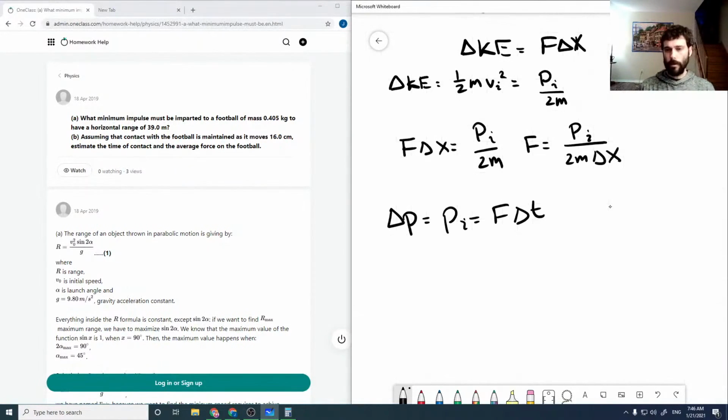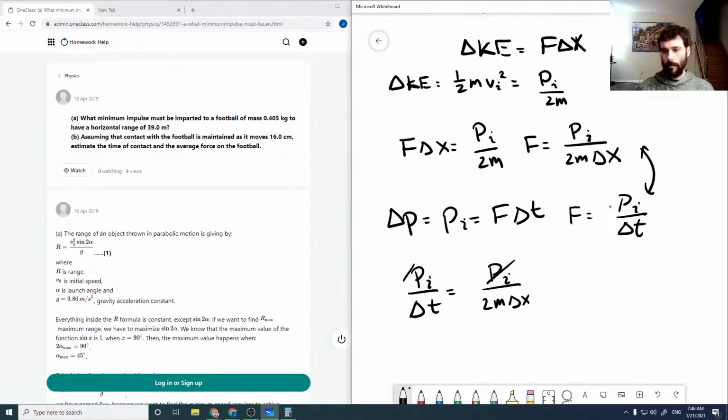So then our force is Pi over delta T. So then, relating these two expressions, we have Pi over delta T is Pi squared over 2m delta X. Something went wrong here.